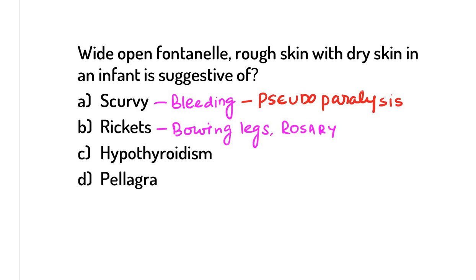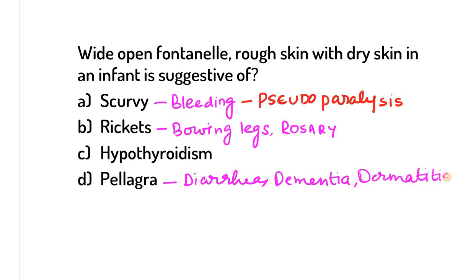Pellagra. The classical features are characterized by D's. You all remember so many D's. What are they? Dementia, dermatitis in the sun exposed area, what we call photodermatitis, and if not treated, it may lead to death also. So those are the 4 D's of pellagra.